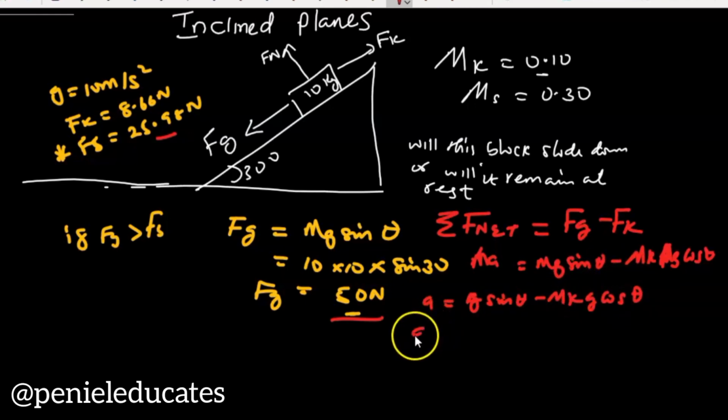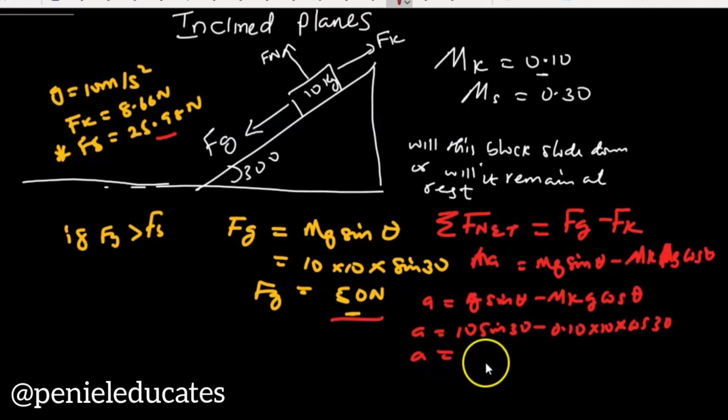If you put in all our values, this is 10 sine 30 minus mu k, which is 0.10, times 10 times cos 30. If you do this arithmetic, our acceleration is going to be 4.134 meter per second. That's our acceleration.